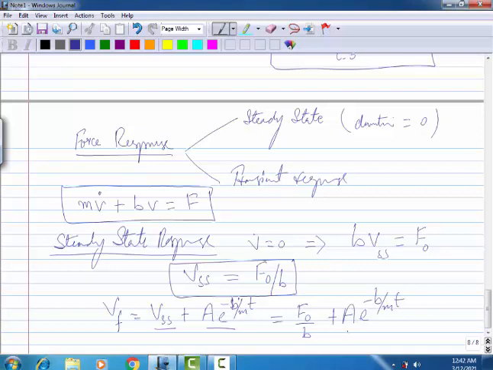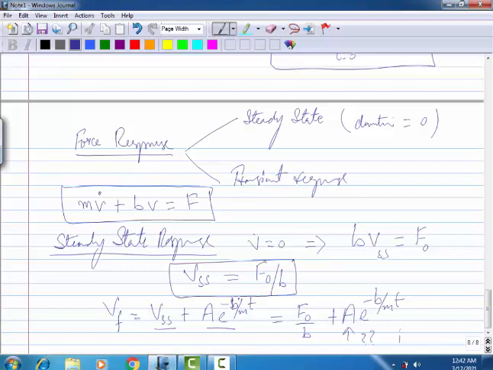So what we do not know here is A. This is unknown. If you remember, last time we calculated the unknown using the initial condition, but in force response we said something before. We said that in force response the initial conditions are 0. So we have to solve this equation for 0 initial condition.